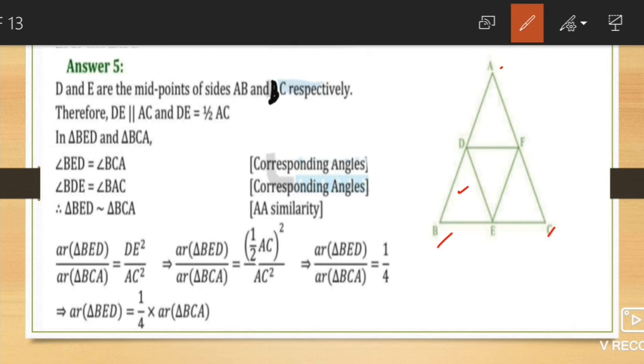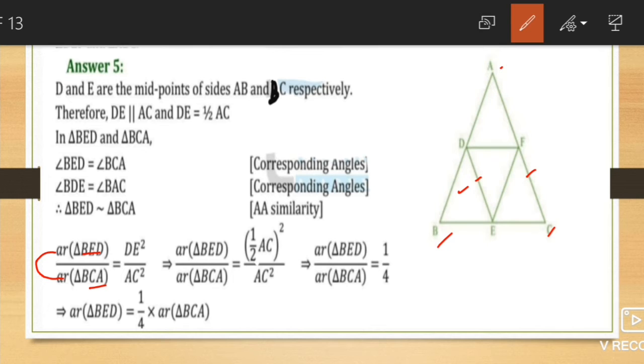Now since they are similar, the ratio of their areas will be equal to the square of the ratio of their corresponding sides. So area of BED by area of BCA is equal to (DE by AC) whole square, because DE and AC are the corresponding sides of triangles BED and BCA.